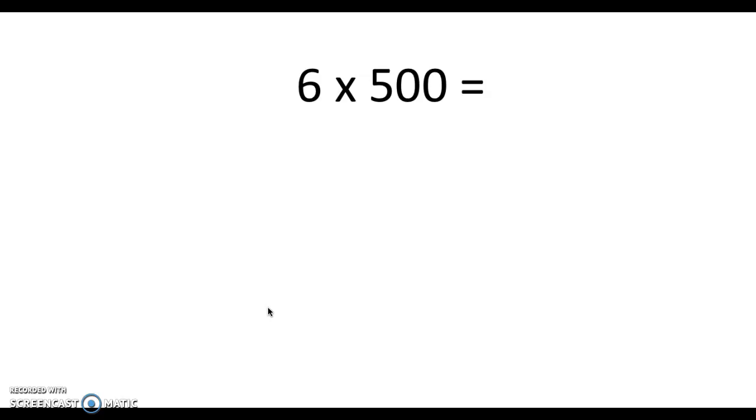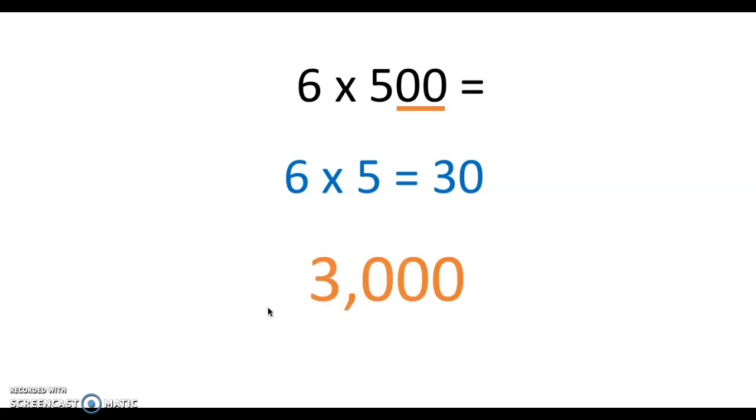Alrighty, if you're not ready, pause this, but we're going to go ahead and check. So first thing first, I know 6 times 5 is 30. But I need to add 2 more zeros onto that because the zeros in 500 will move it up 2 place values, which will give me 3,000.